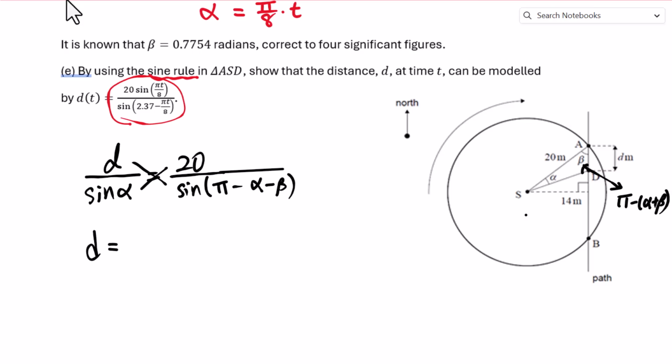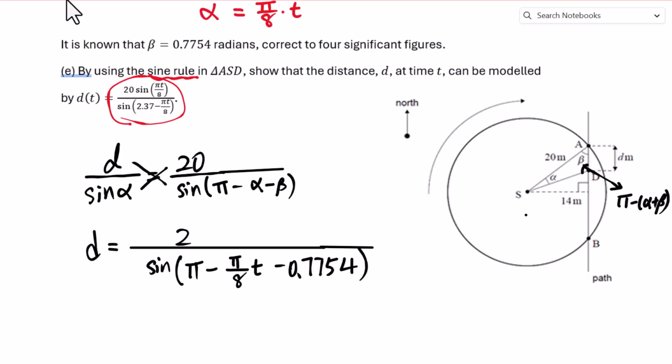d equals, the denominator is sine of pi minus alpha, which is pi over 8 times t, minus beta, which is 0.7754.